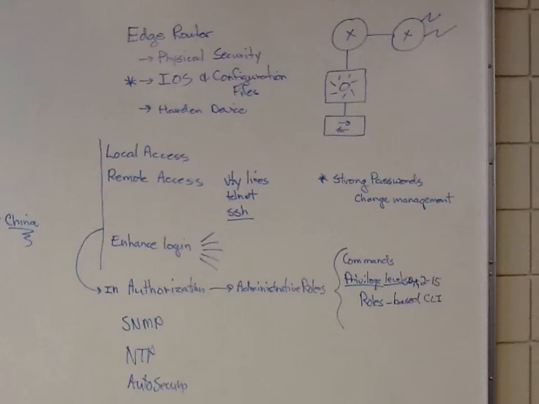Talk about access. So we were referring to an edge router. A router going out to the internet, or, as you'll hear me say, some untrusted area. Okay? We got to worry about physical security, people actually getting to it. We have to take care of the IOS files and configuration files.